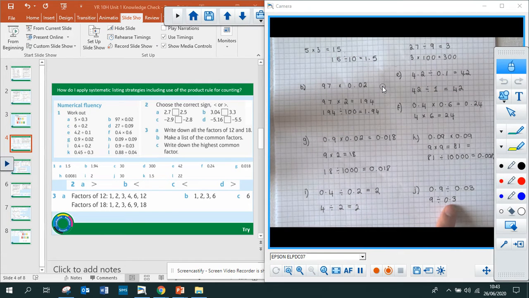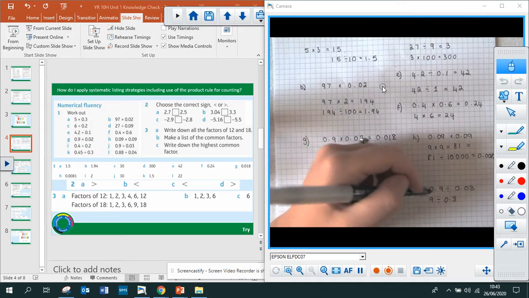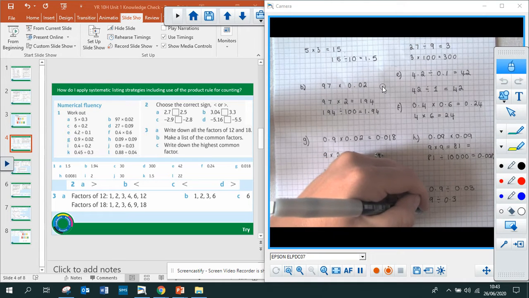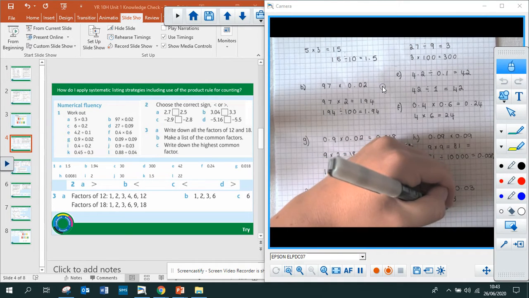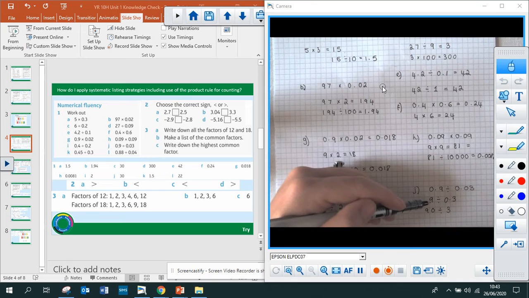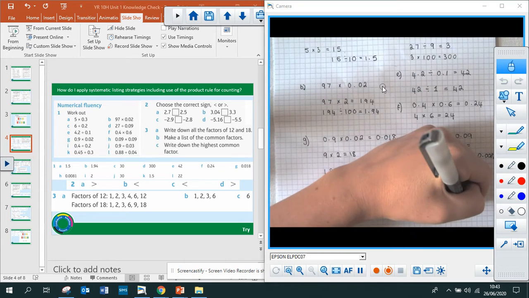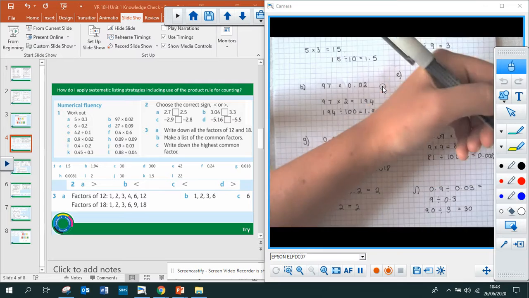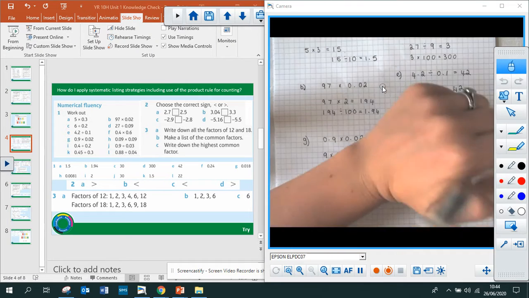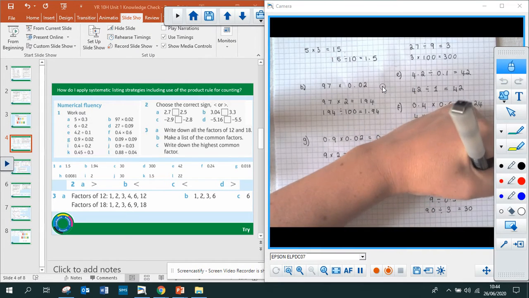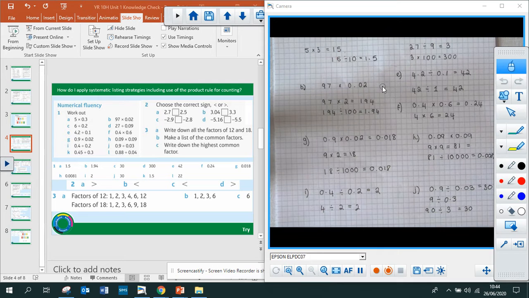I want to get rid of my decimals. So I'm going to make them both 10 times bigger again, and I'm going to do 90 divided by 3 this time. So instead of just keeping that at 9, I've kept the same effect so that I don't have to change my answer. Because remember we can do that with division. And we know that 90 divided by 3 is 30. Therefore 0.9 divided by 0.03 is also 30.